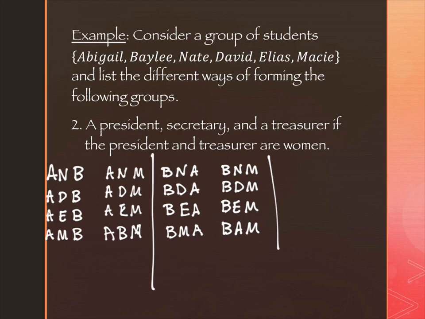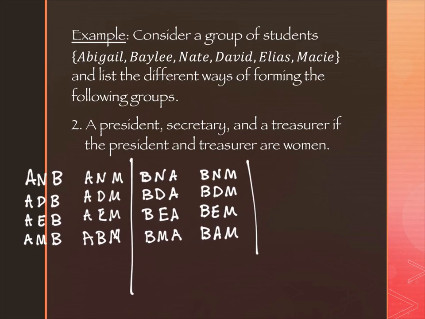So who's my last person who could be president? Macy. I'm going to shift these over because I'm running out of space. So I could have Macy and who? Bailey? Okay, so Macy and Bailey. And so I can do Nate, David, Elias, and then Abigail, right?